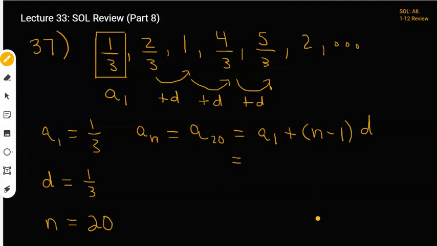The first thing that I need is A1. That's going to be 1/3. My n is going to be 20. And the d for this is 1/3.